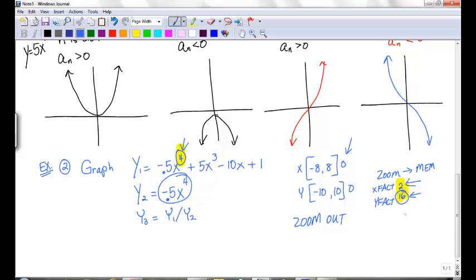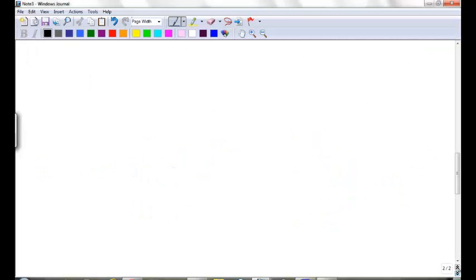Okay, on this next part, we've talked about drawing complete graphs. They'll give you directions that say draw a complete graph. And you've got to remember what that means.